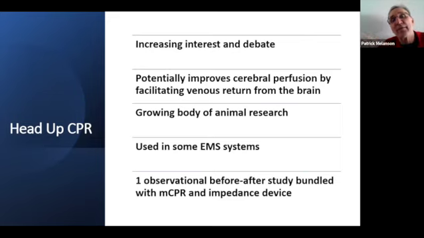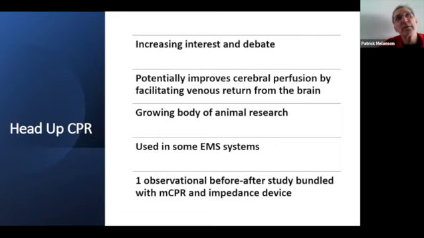Again, this is not a settled thing. It's an area of increasing interest and debate. But the idea, and this has been proven in pig models, is that it will increase venous return from the brain, decrease ICP, and improve cerebral perfusion pressure.